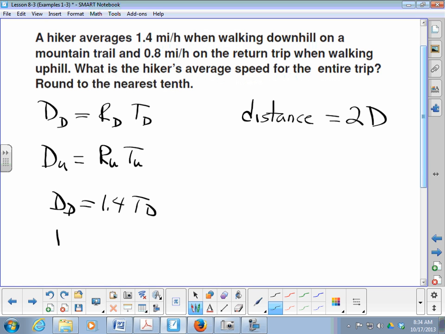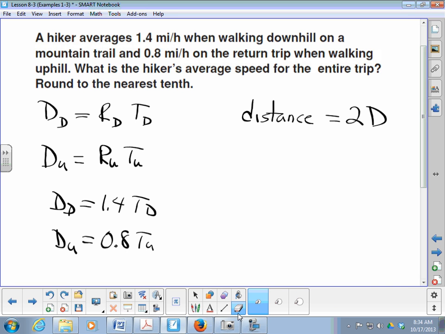And their distance uphill was 0.8 times the time uphill. Now, we know these two distances are the same, correct? So do I need D and U anymore? If they're the same, then I can use either letter I want. So I'm going to get rid of the U's and the D's here. Distance is distance.